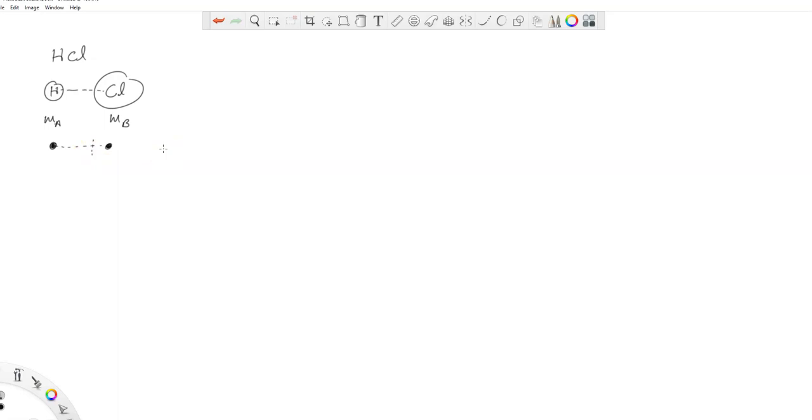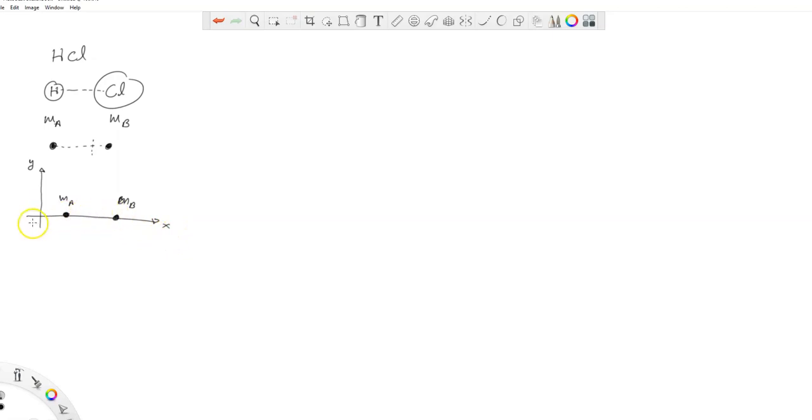So what we do is we first take this diagram of two dots and place it on the x and y axes. So here's your x-axis, here's the y-axis. So we place it like this. Here's your MA, here's MB, and we need to know the distances.